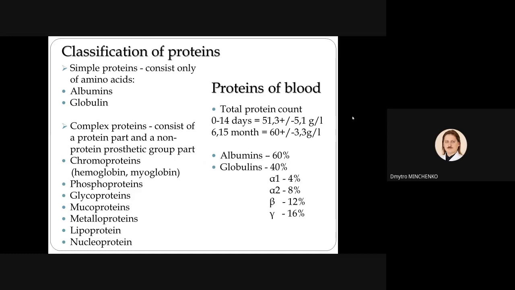Proteins of blood include the total protein count, which we have in the first 14 days of life as 51, and in the later period, about 6 to 15 months, about 60.